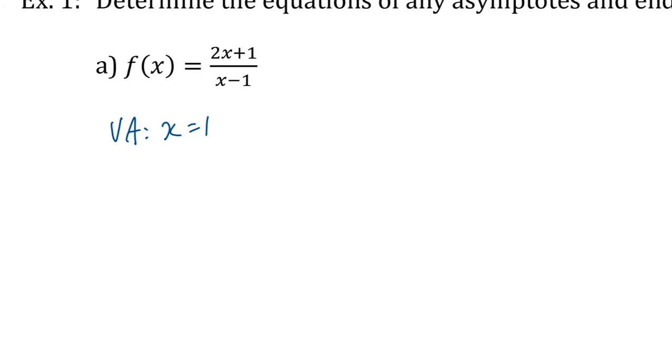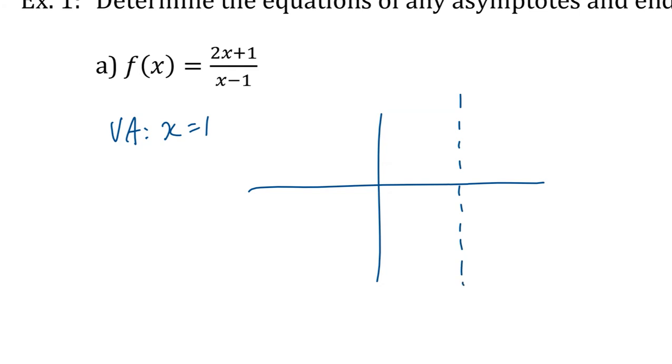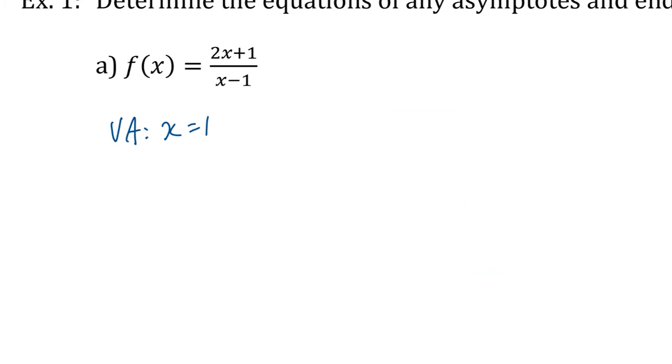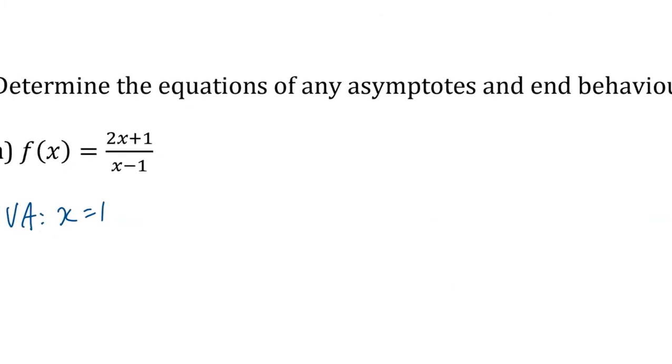Now what we're going to do is pick some values that are very close to the asymptote. For a vertical asymptote, maybe we will copy this down. I'm going to do a proper sketch over here. This is what happens with a vertical asymptote.